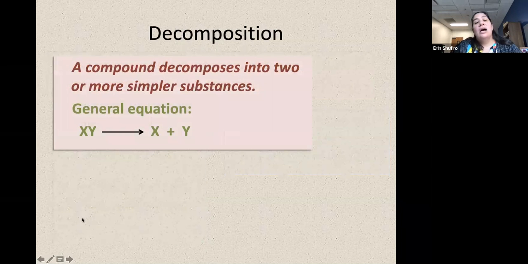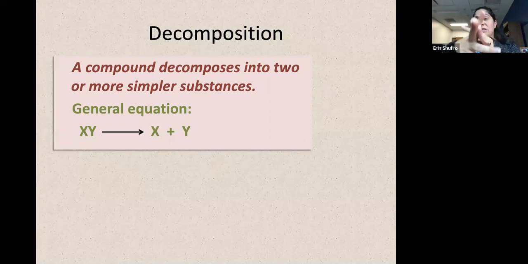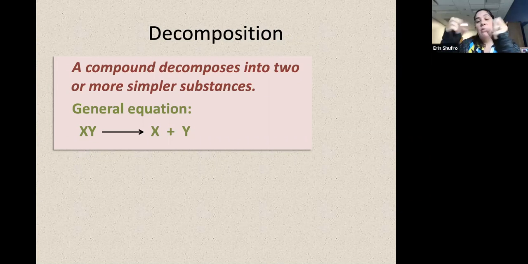A decomposition is the opposite. It's the backwards: one thing breaking down into two things. Remember, decompose means to break down. So a decomposition reaction is when one compound breaks down into two or more substances. Now you have one reactant, multiple products.